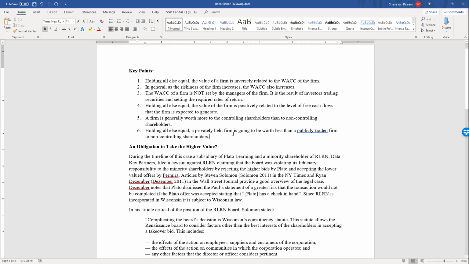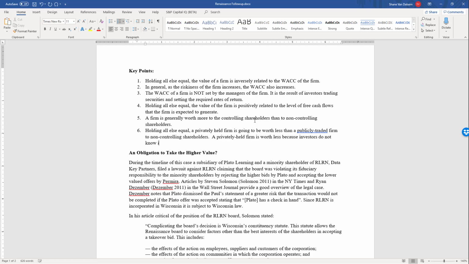So a privately held firm is worth less because investors do not know if a market will be available for them to sell their shares at or near their intrinsic value.